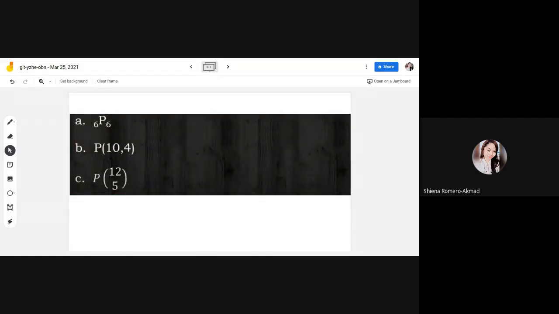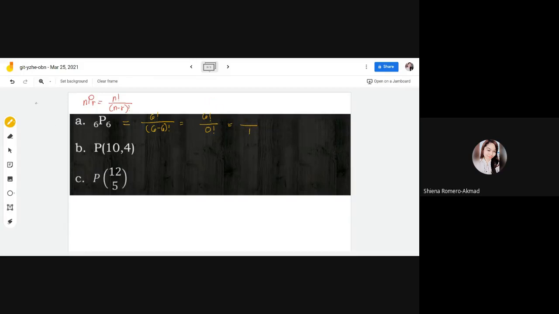Sulat muna natin yung formula. Ang formula natin ay nPr is equal to n factorial divided by n minus r factorial. So this will be equal to 6 factorial divided by 6 minus 6 factorial, and this is 6 factorial divided by 0 factorial, which is equal to 1.